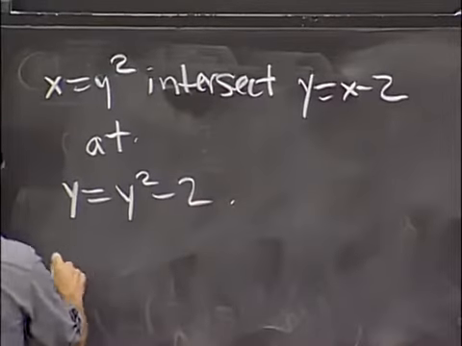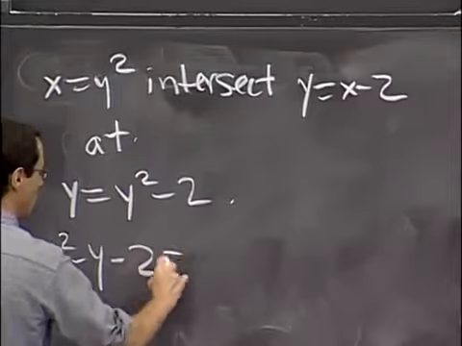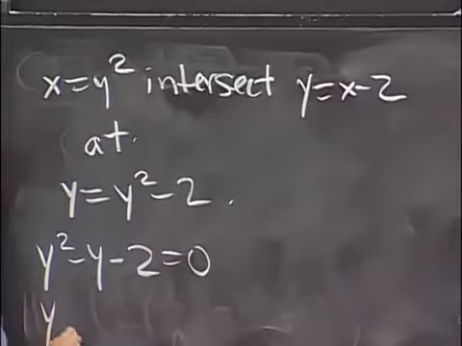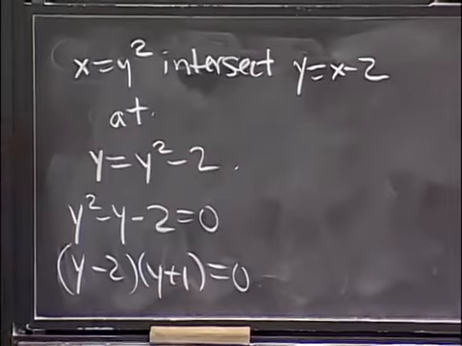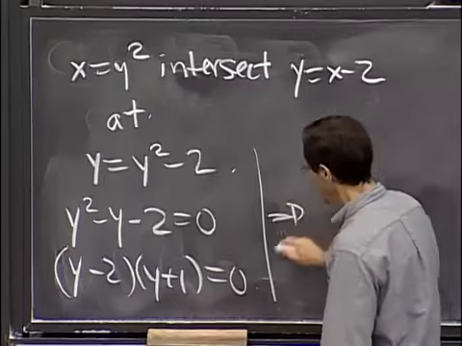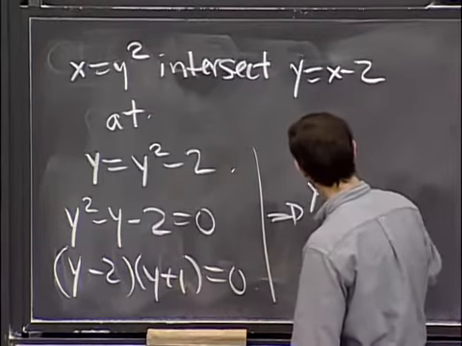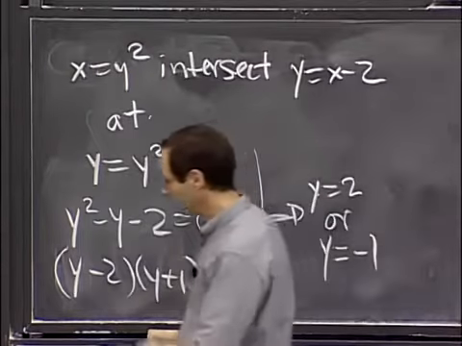And then I can solve this quadratic equation. Y squared minus y minus 2 is equal to 0. So y minus 2 times y plus 1 is equal to 0. And this is telling me that y equals 2 or y equals negative 1.